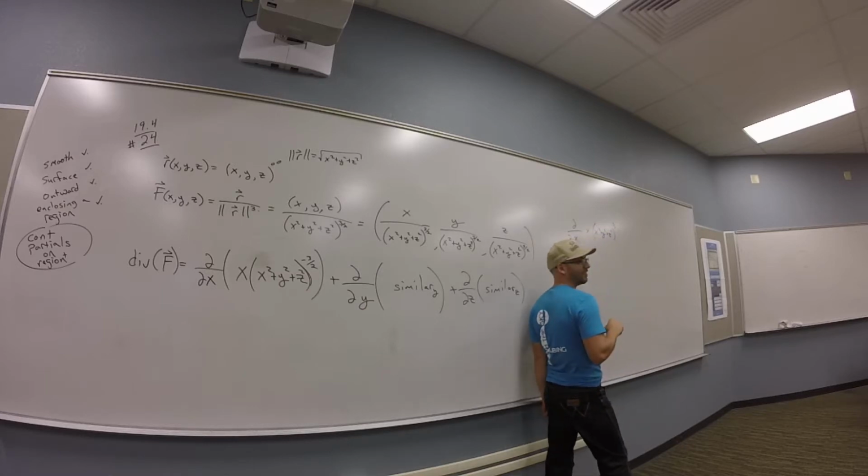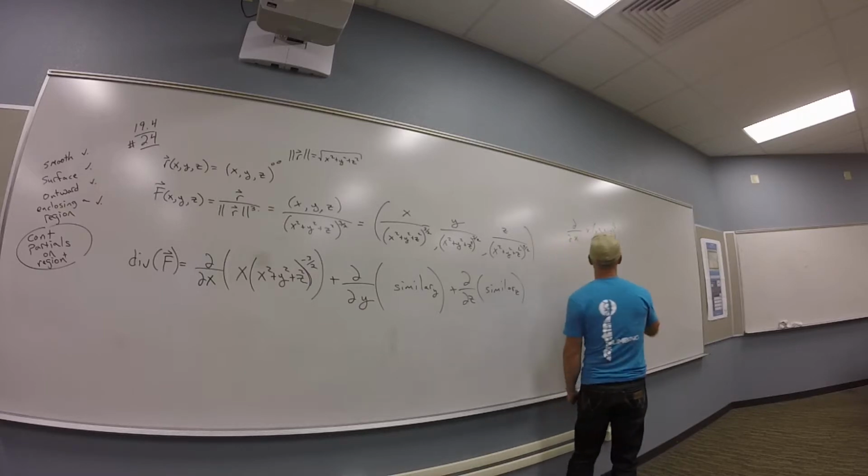So, how's the product rule work again? Left times derivative of the right, plus derivative of the left times the right.